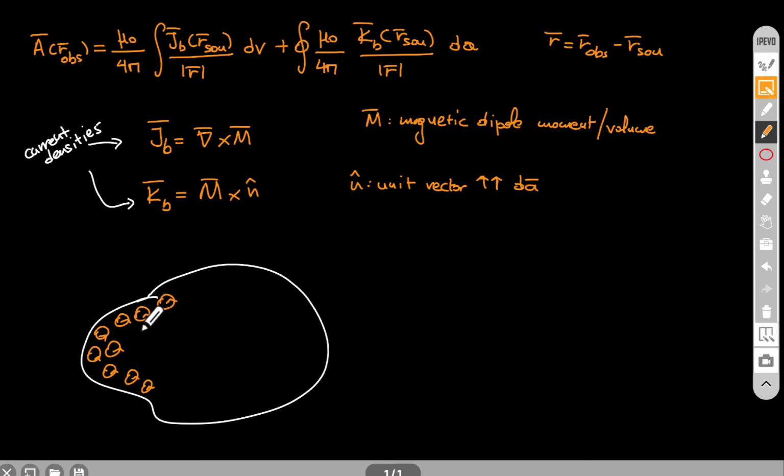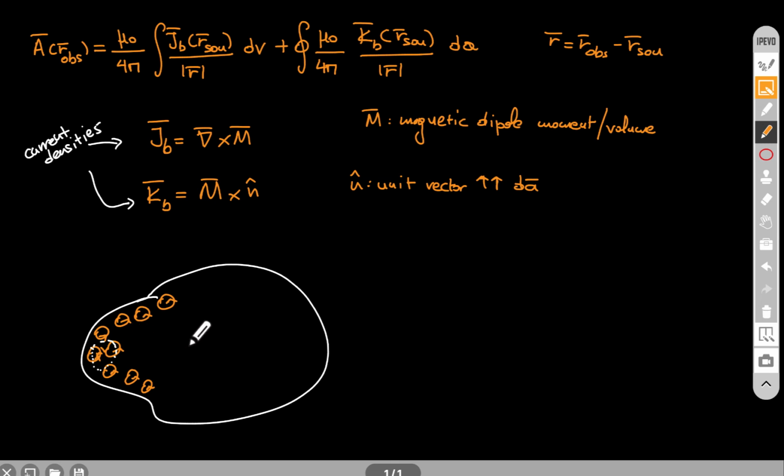Now, if you make the assumption that all of these magnetic dipoles are the same, then if you look closely, let's focus on this area over here. The current here is flowing downwards, whereas the current in this loop flows upwards. These are so close that we can assume their magnetic effects, or whatever magnetic field they create, are going to cancel out, because you have two currents flowing in opposite directions and they are so close.